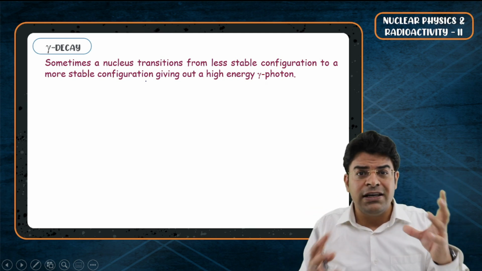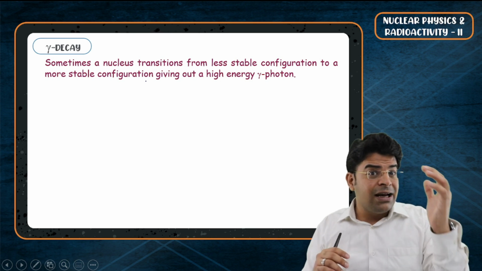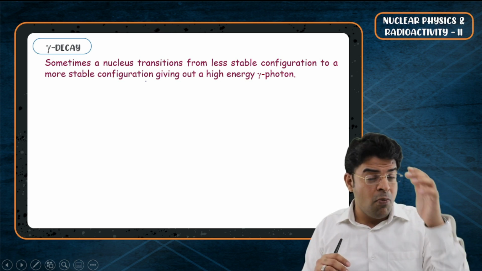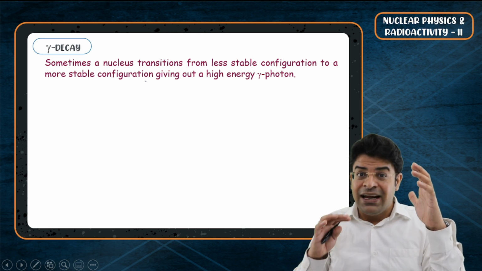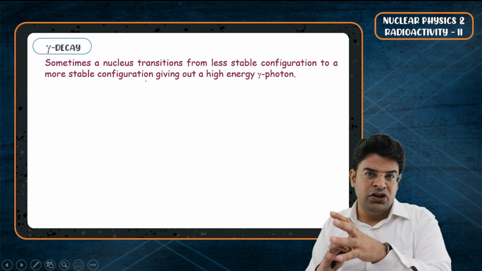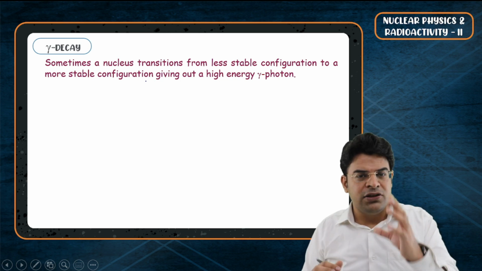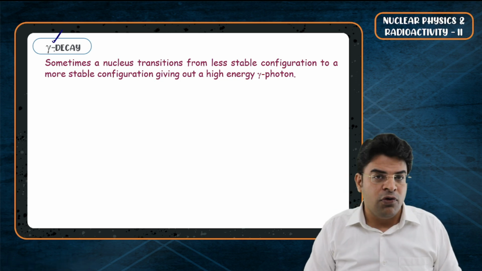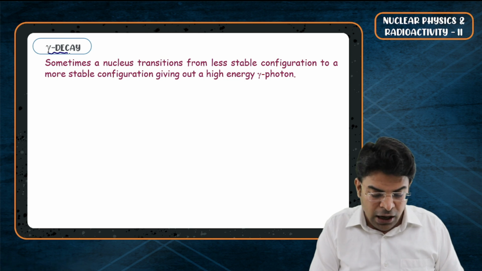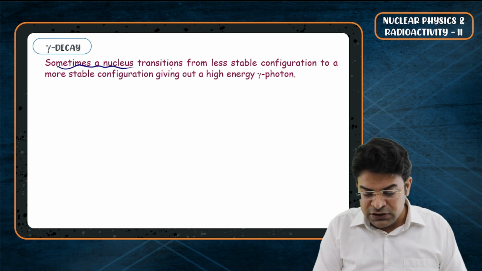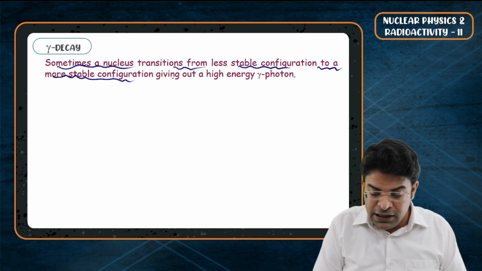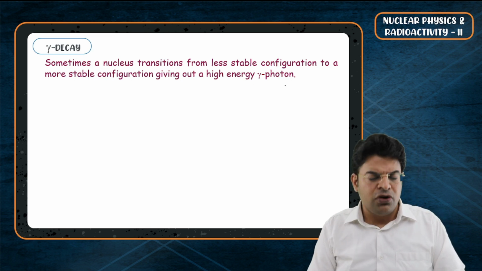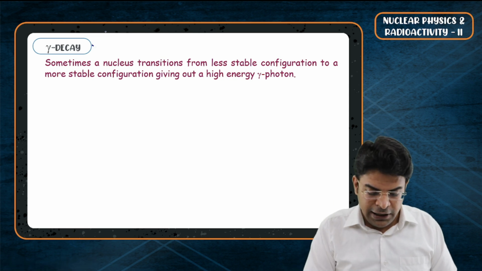So when the nucleus transitions from a lesser stable state, a more energetic state, to a more stable state, a lesser energetic state, it gives out a high energy photon. And that high energy photon is nothing but a gamma photon, and this type of decay is called gamma decay. So sometimes a nucleus transitions from a less stable configuration to a more stable configuration, giving out a high energy gamma photon, and this is called gamma decay.